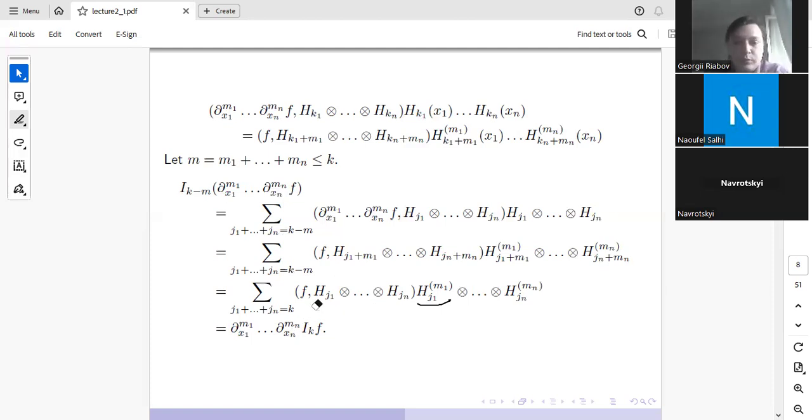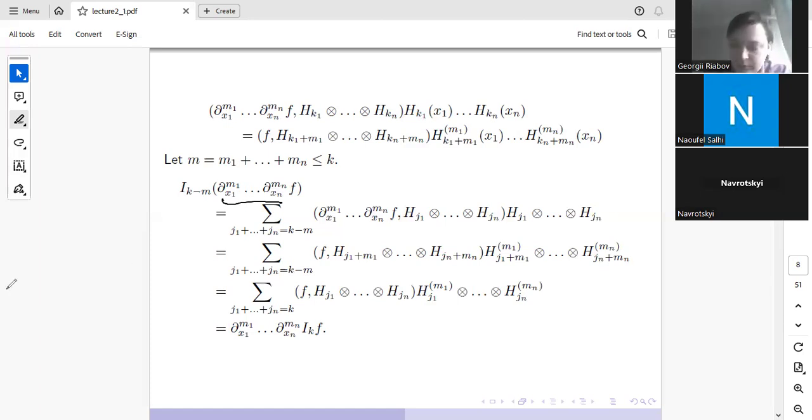So we get that the projection of this derivative of f onto the space of Hermite polynomials of order k minus m coincides with the corresponding derivative of the projection of f onto the space of Hermite polynomials of order k.